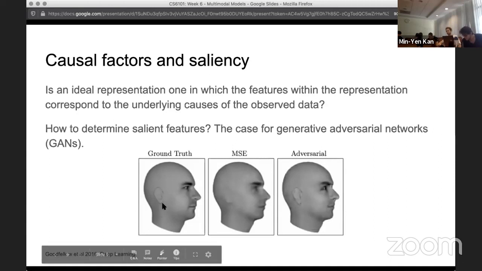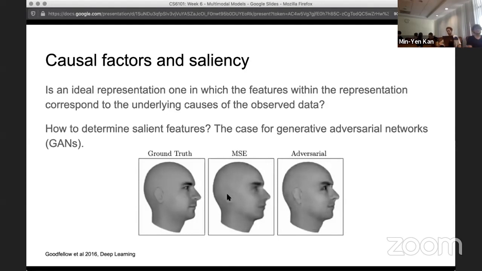So a model trained only with mean squared error will maybe blur the distinction between the ear and the surrounding area. But when you're training a generative adversarial network, you are basically trying to teach the model that some features are more salient than others, and thus they represent the essence of the object more than others.